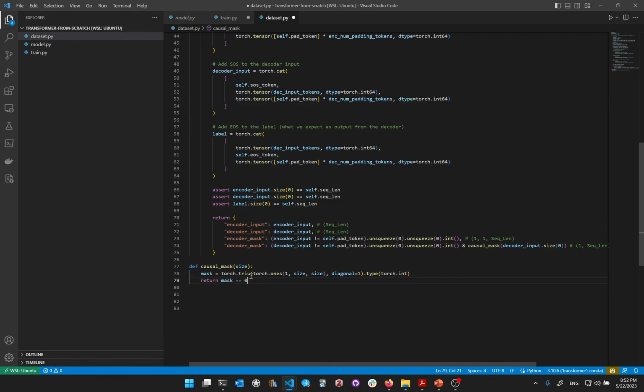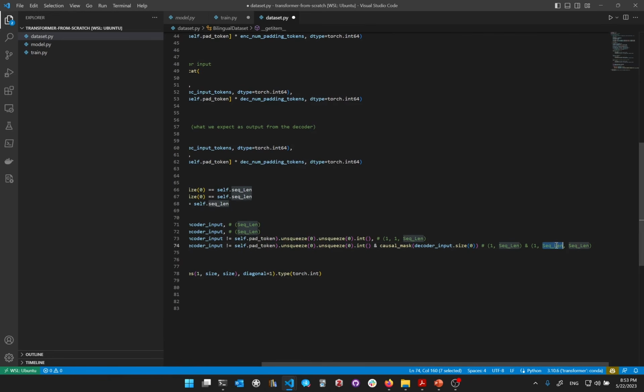So this will return all the values above the diagonal, and everything below the diagonal will become 0, but we actually want the opposite. So we say, okay, everything that is 0 will become true with this expression, and everything that is not 0 will become false. So we apply it here to build this mask. So this mask will be 1 by sequence length by sequence length, which is exactly what we want.